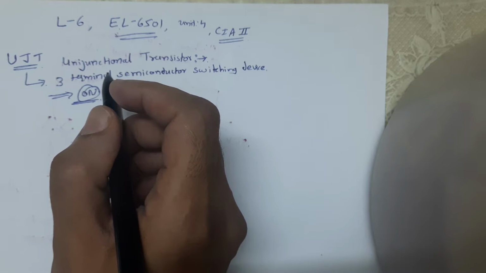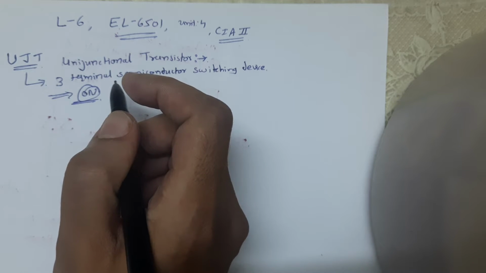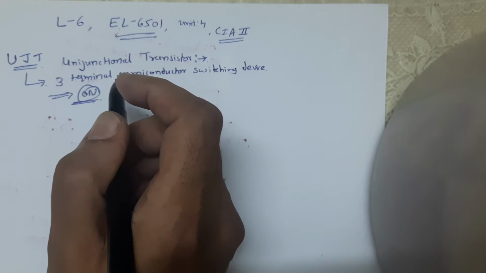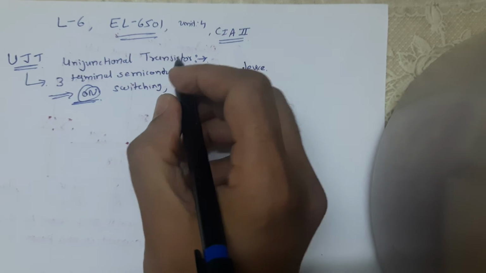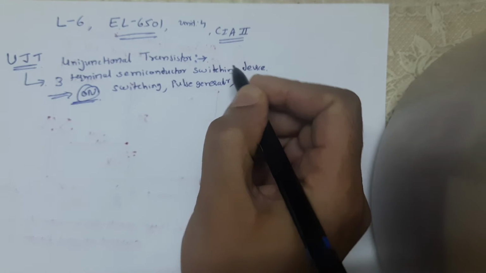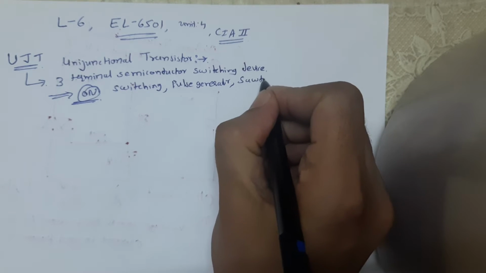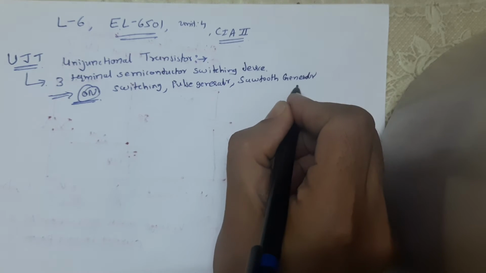Due to these characteristics, the unijunction transistor, that means UJT, can be employed in a variety of applications, for example, switching, pulse generator, sawtooth generator, etc.